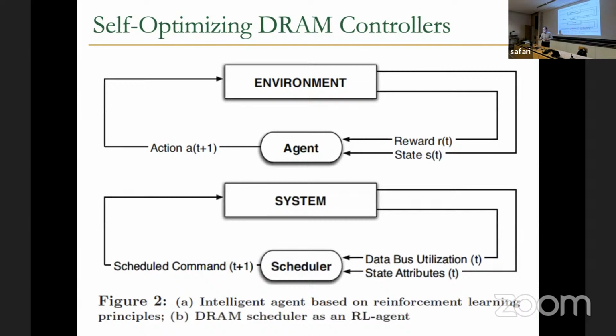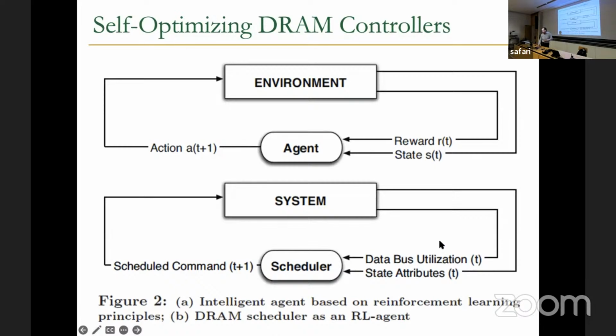Okay, so if you apply this concept to a memory scheduler, the memory scheduler observes the state of the system. It could be the memory controller, it could be the cores, it could be anything in the system, actually. And then, based on that state and past experiences, it takes an action, and it observes a reward.